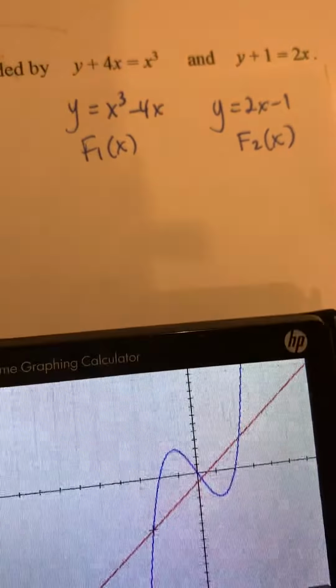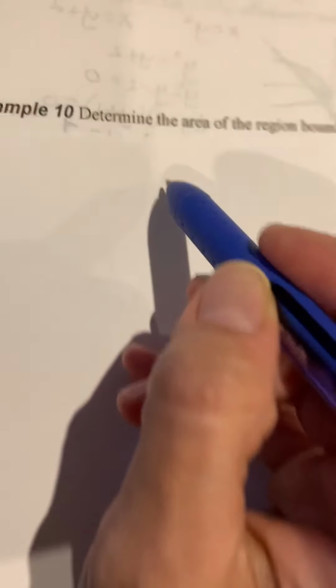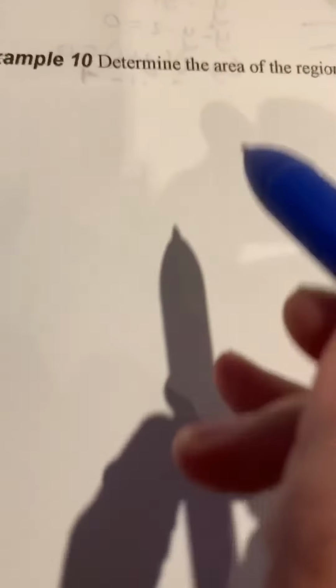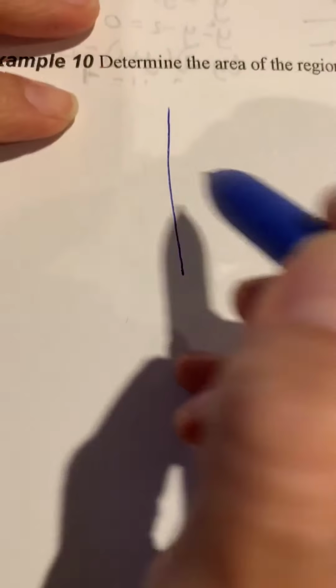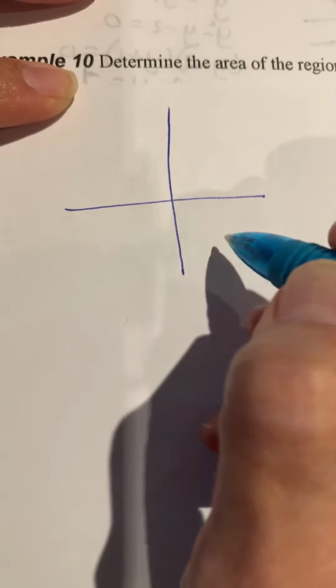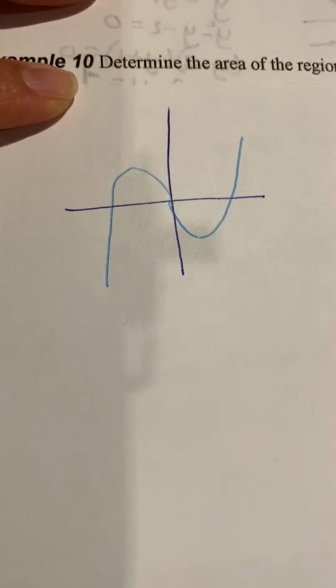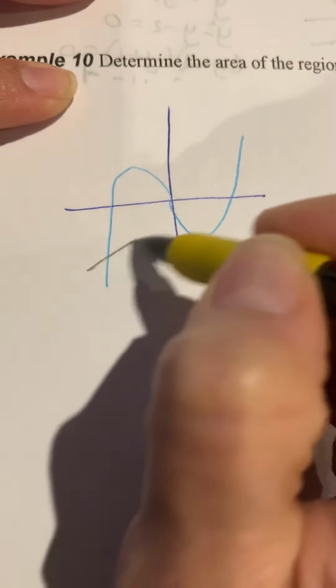So I am going to make a sketch of these two. And that's going to look something like this. Let me make it pretty here. Okay, so I have this, and one of them is pretty much like this, and the other one is pretty much something like that.